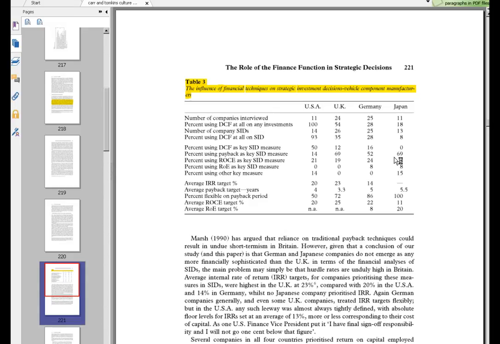It then talks about return on capital employed, which we've not talked about, so we won't bother with that. The average internal rate of return as a target, 20, 23%, 14%, and didn't use it at all in Japan. And payback period, 4 years, 3 years, quite a short payback period.